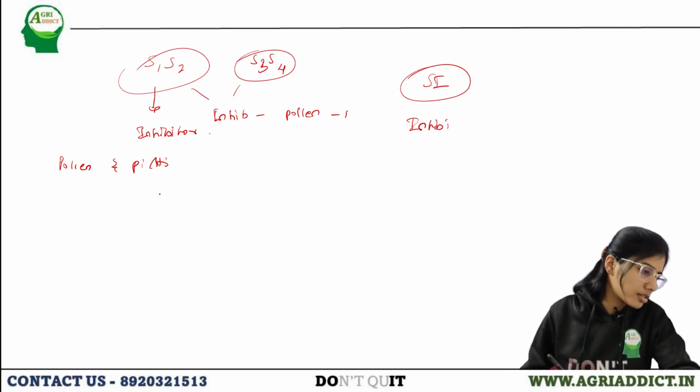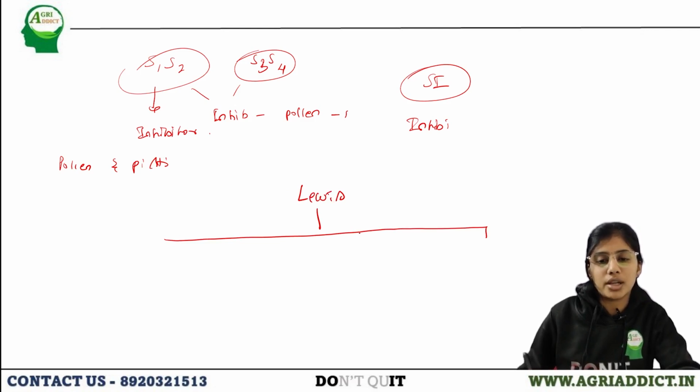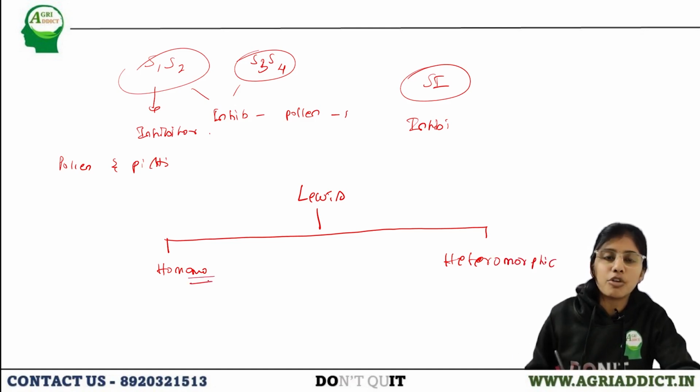Next, we will see the classification of self-incompatibility. Lewis has given this classification based on the morphology of the crop plants. He has divided self-incompatibility into homomorphic and heteromorphic. As the name itself says, there is some difference in morphology.